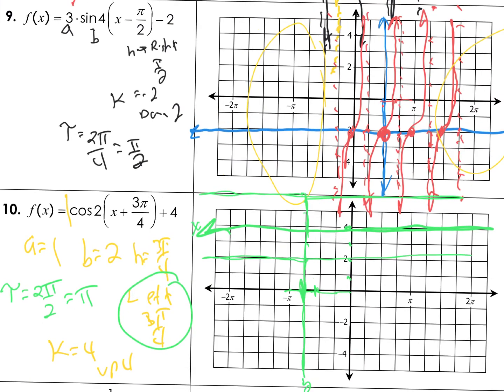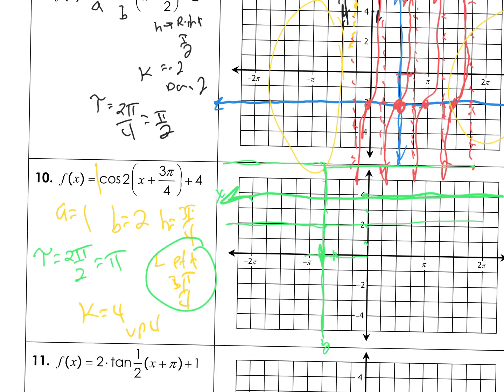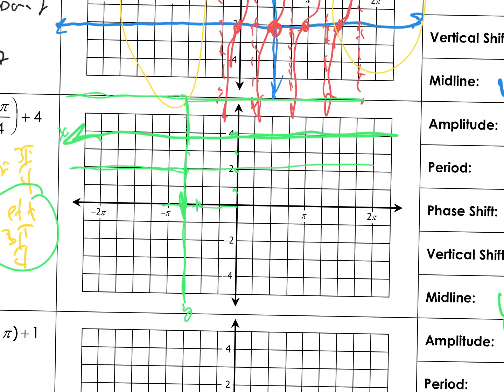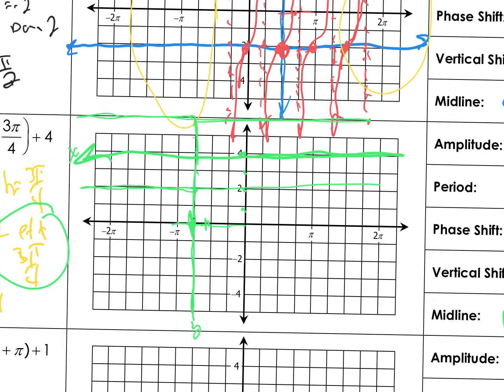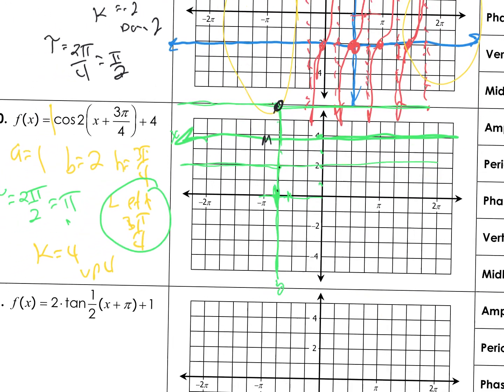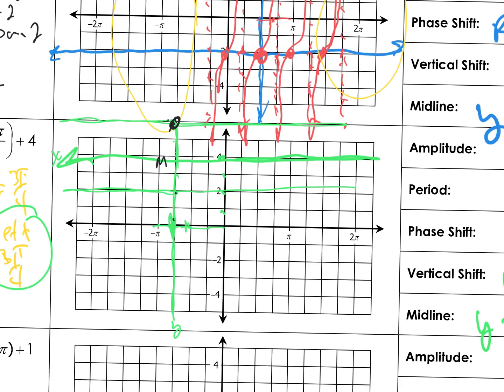And I know for a fact that the period is pi, so the whole picture ends in pi. So even if I start it right here at the very top, there's the top, because that was my midline right here. This cosine is going to finish in pi radians.